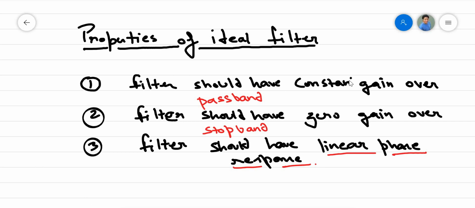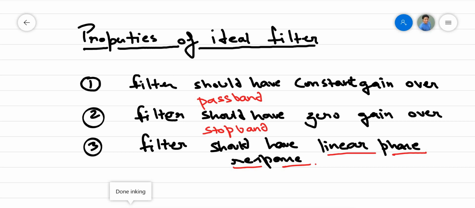In the case of the stop band, the ideal filter should not allow any frequency to pass through it. So the most important point is the filter should have zero gain there. So when X(omega) is multiplied with H(omega), the resultant at that frequency will be 0, right? So it will act as a stop band.